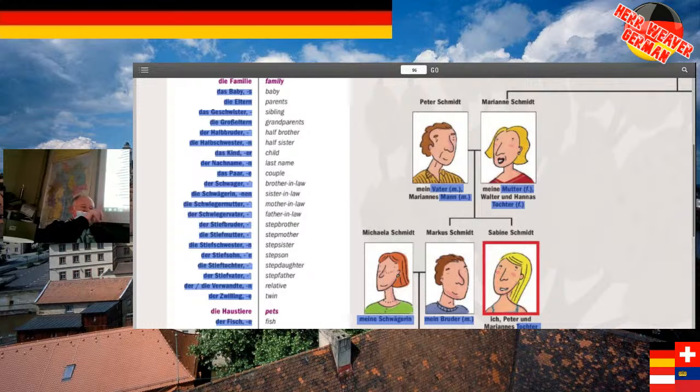So Michaela has last name Schmidt because she married a Schmidt, Markus, and then Michaela Schmidts Schwiegervater ist Peter Schmidt. Und ist Mariana Peters Schwester? Nein. Tell me. Mariana ist Peters Frau. Ja. Mariana ist Peters Frau und Peter ist Marianas Mann. Good.